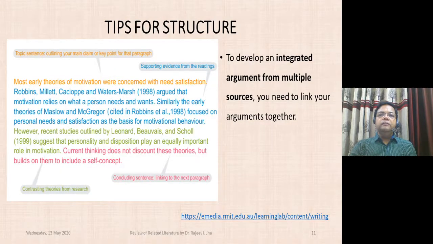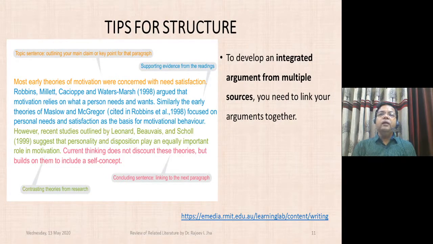To develop an integrated argument from multiple sources, you need to link your arguments together. How this is done is illustrated on the slide. The topic sentence outlines your main claim or key point for that paragraph, depicted in orange. Then your supporting evidences are mentioned from the readings that you have done.